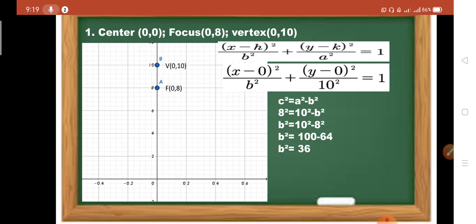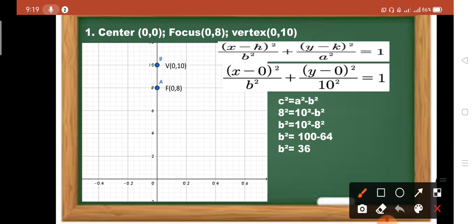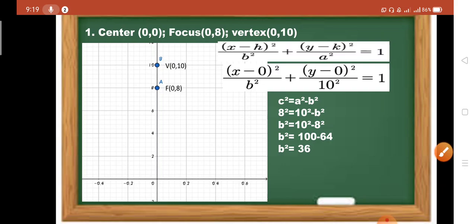So 8 squared equals 10 squared minus b squared. By using the additive inverse, we come up with b squared equals 10 squared minus 8 squared. 10 squared is 100, minus 8 squared is 64. So 100 minus 64 is 36. The value of our b squared is 36.